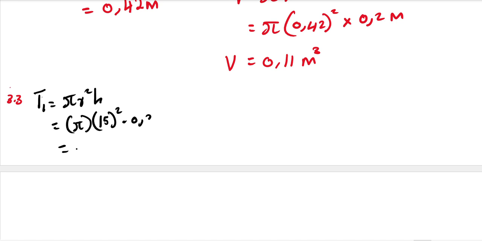Here we have 45 pi. And then our term number 2 will have pi, and the radius was what?